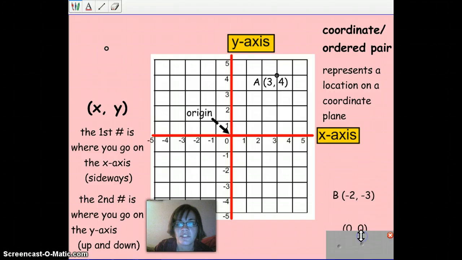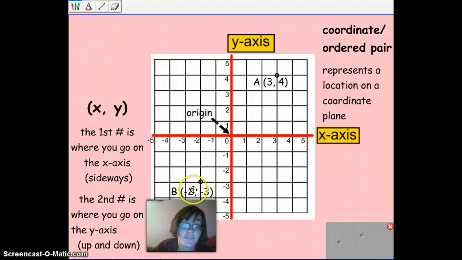And let's look at one that's a little bit different. You've got point B, which is -2, -3. So again, let's get our point. We're going to start at 0, we're going to go to -1, -2, then we're going to go down, because it's a negative number, to -1, -2, -3. And down there is going to be the location of point B, which is -2, -3.